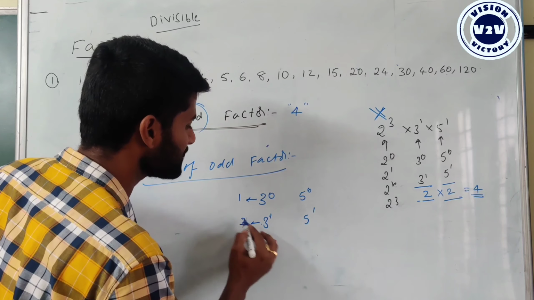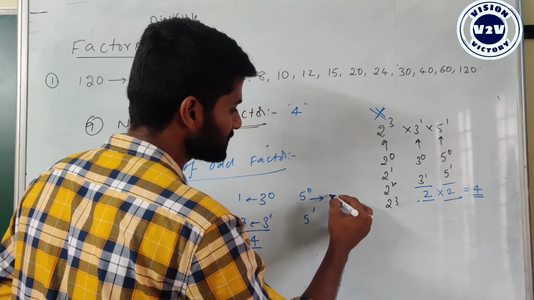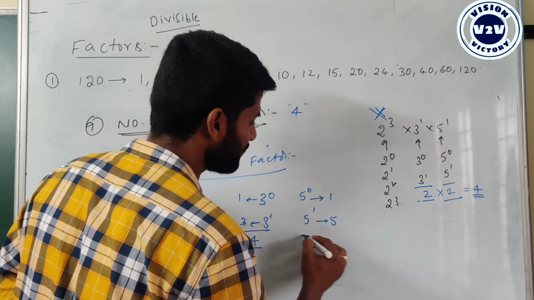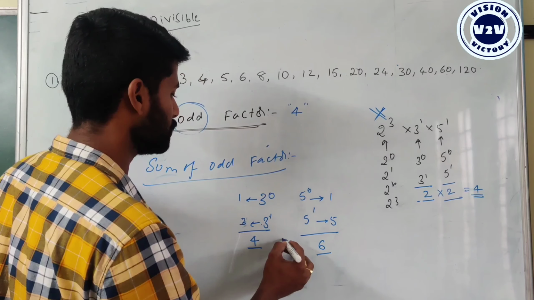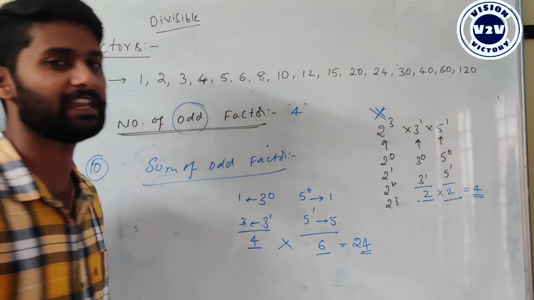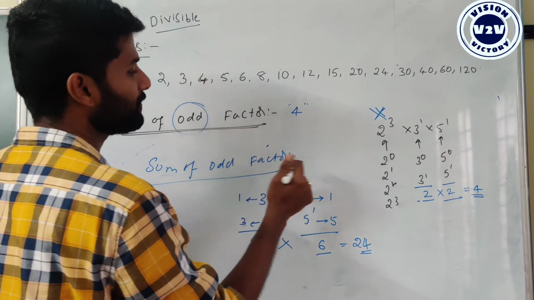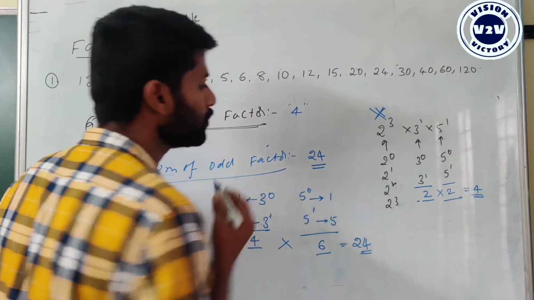Sorry, 3 power 1 is equal to 3, so the total sum becomes 4. And same thing, 5 power 0 is equal to 1, 5 power 1 is equal to 5, 5 plus 1 is equal to 6. The total resultant of the sum of odd factors is exactly 24. See, the total number of odd factors is 4, the sum of odd factors is 24 only.